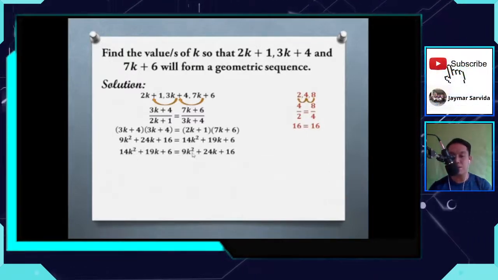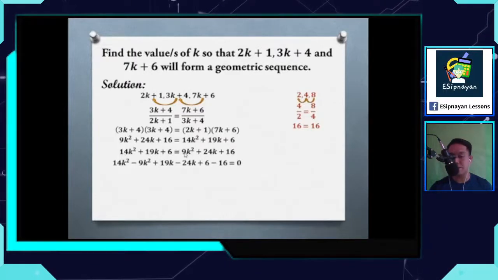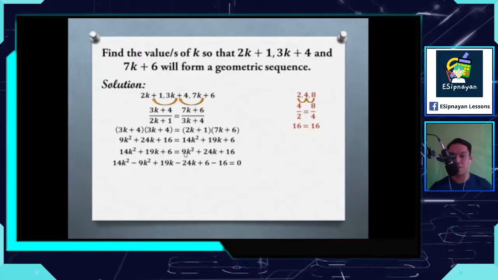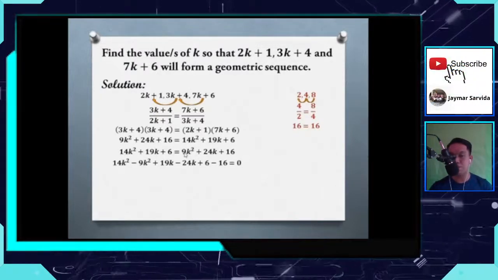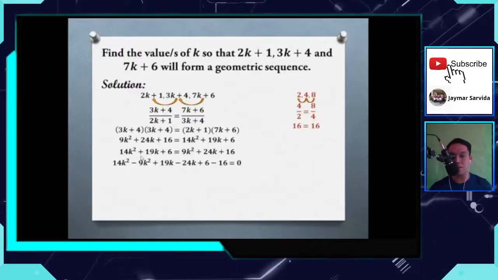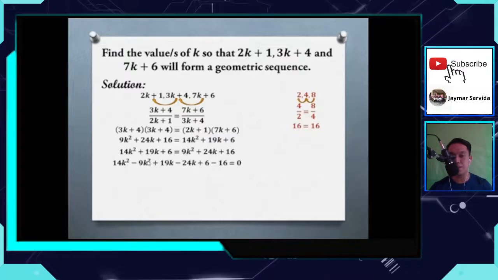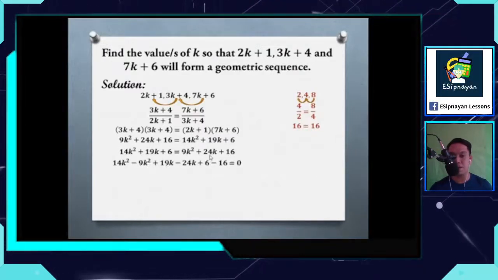So, 14k squared minus 9k squared, baka magtaka kayo bakit naging negative na si 9k squared. Kasi nilipat natin siya dito sa left-hand side ng ating equal symbol. So, that will become now negative. Plus 19k, itong positive 24k, magiging negative din yan, 24k. Plus 6, then yung 16, magiging negative 16 din, equals 0.